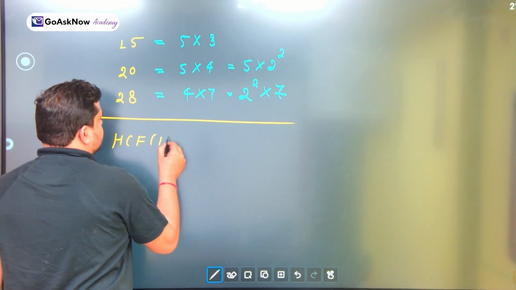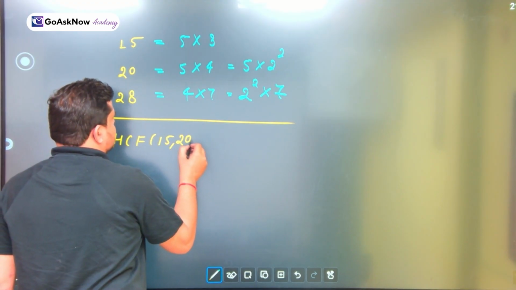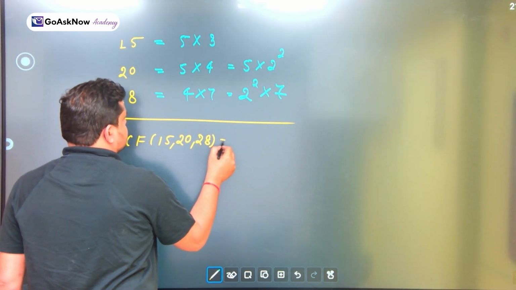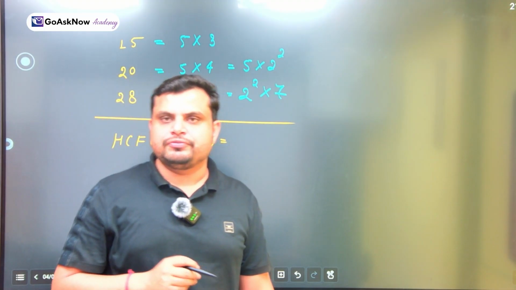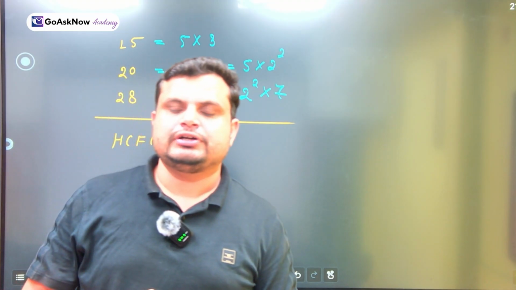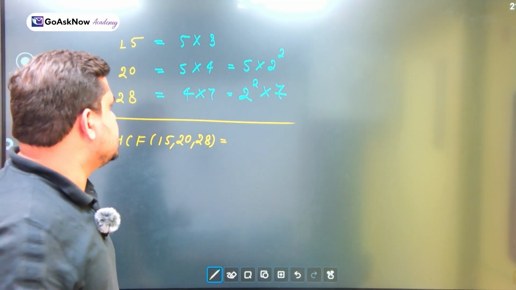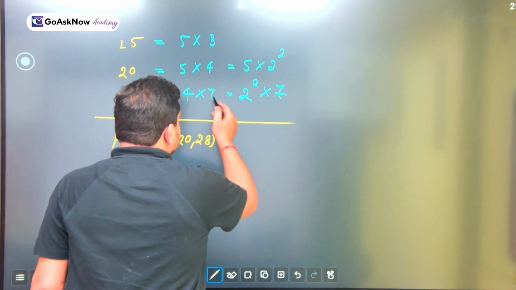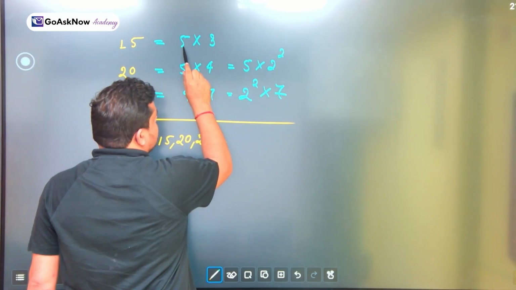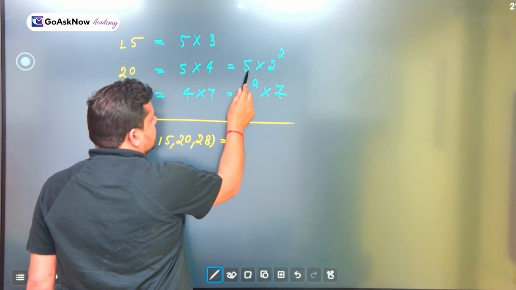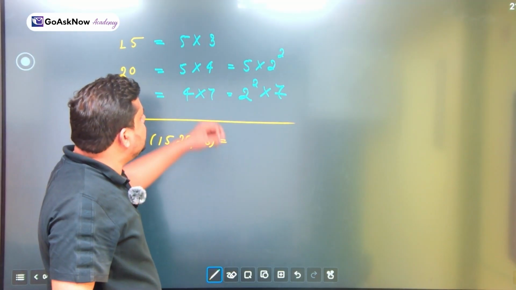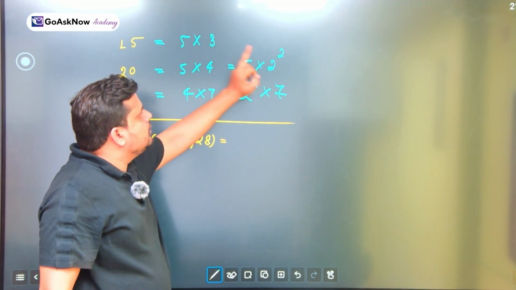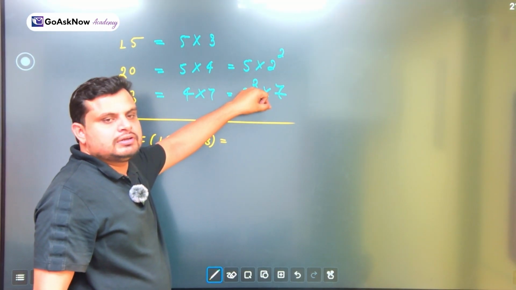HCF of 15, 20 and 28. So take out the common factors. What are the common factors? We have 5 here, 5 is here, but 5 is not here. We do have 3 here, but we do not have 3 here.